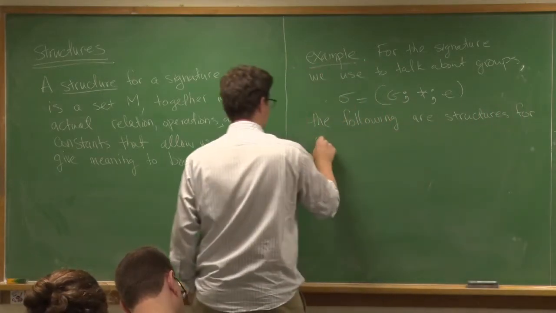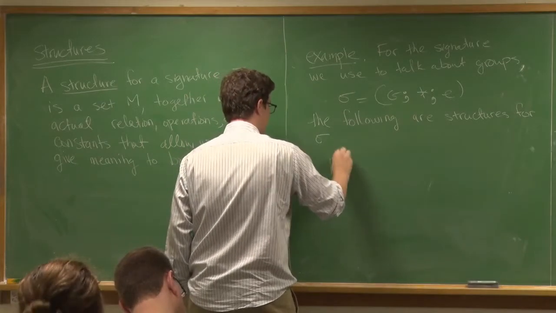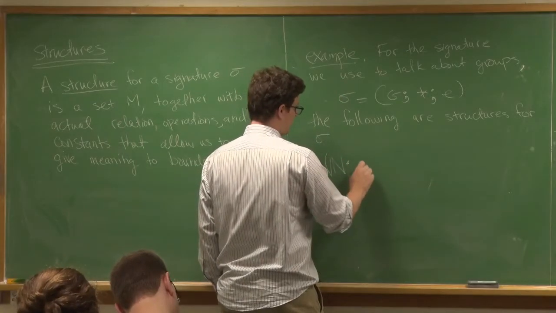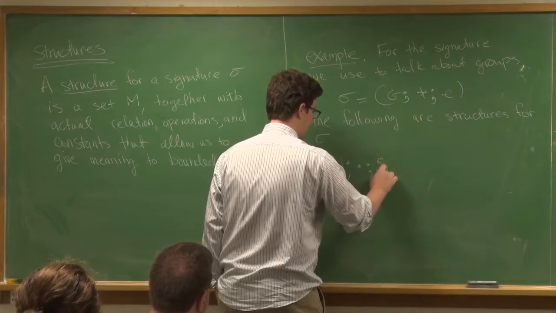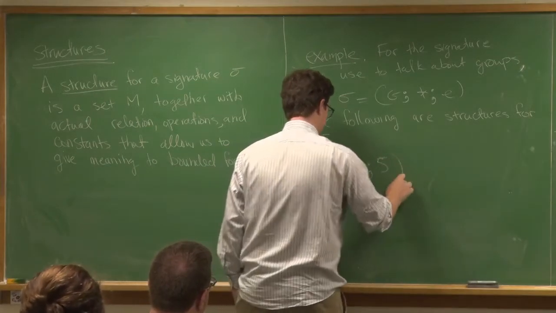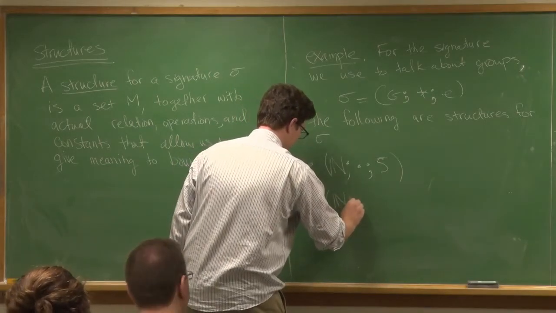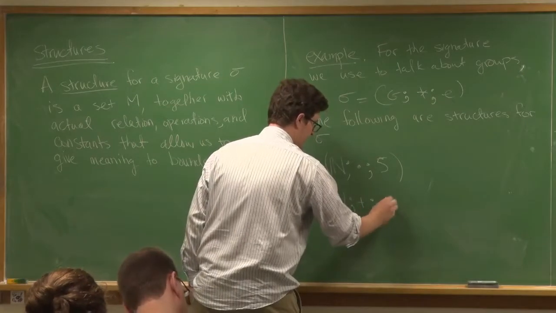Okay, so we'll do the natural numbers with multiplication, and we'll do 5 as the identity. We could do the natural numbers with addition, and we could do, say, 5 as well.